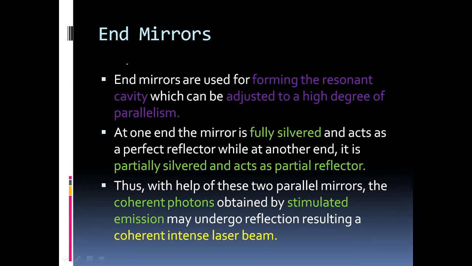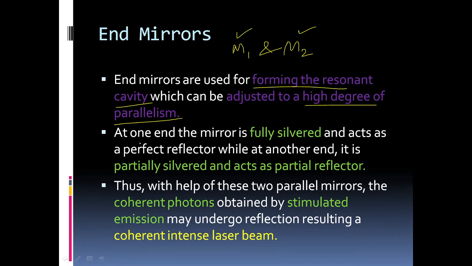Now we use in the laser diagram two mirrors, M1 and M2, and both are polished with silver. One is completely polished and the second is partially polished. These mirrors are called end mirrors and form the resonant cavity, which can be adjusted to a high degree of parallelism.